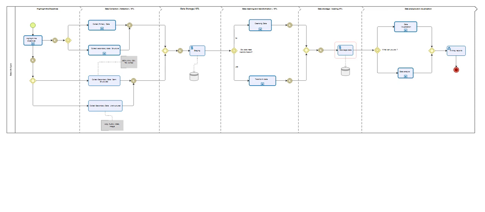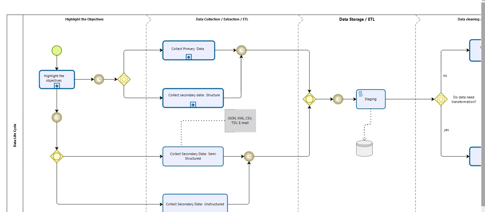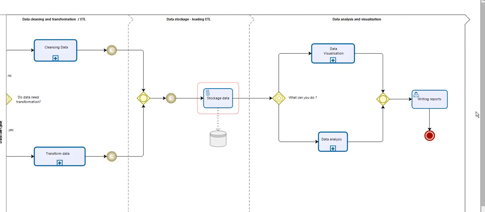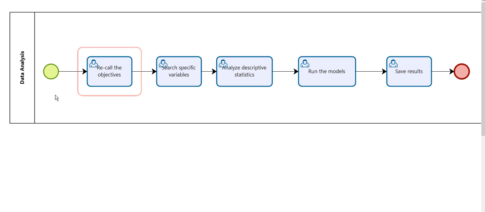In data visualization we also have several types of software and technologies. And when we go to data analysis, we begin the process by recalling the objectives, searching specific variables, analyzing descriptive statistics, running models, and saving our results.